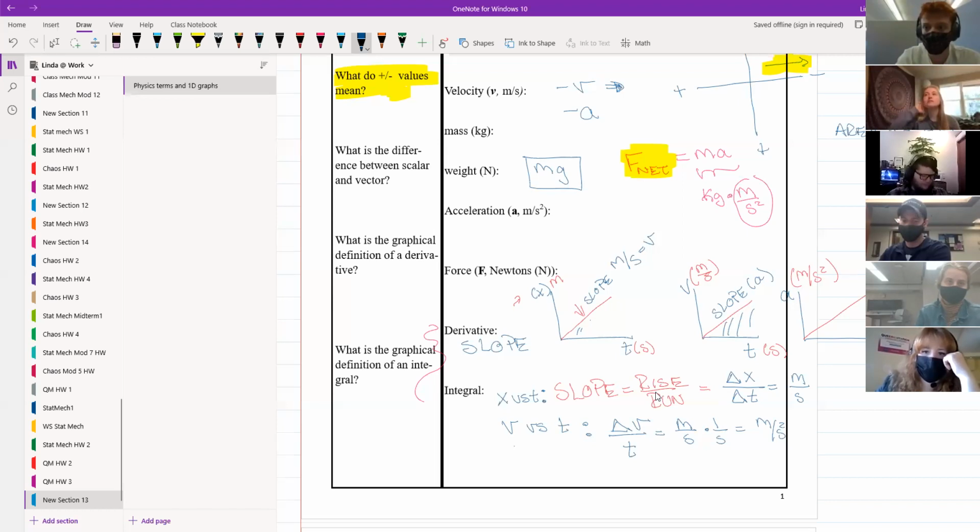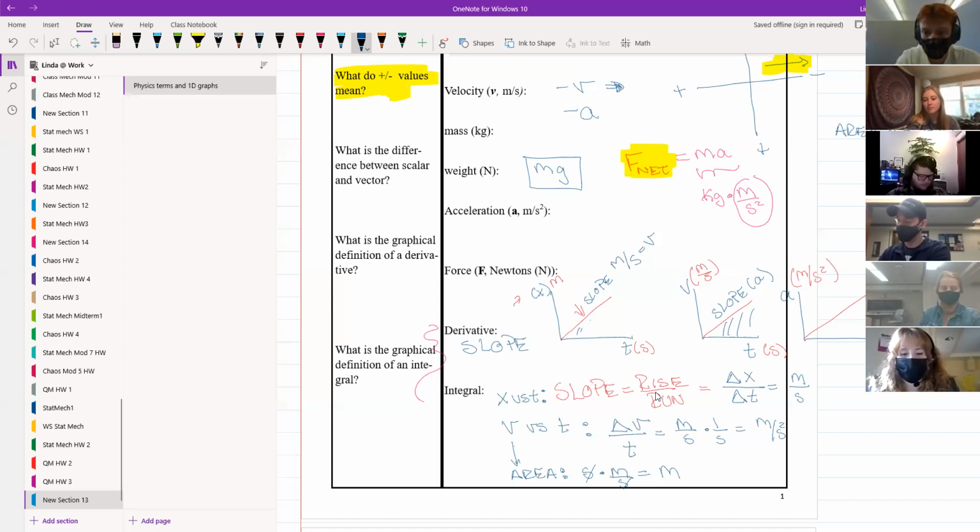For purposes here, so it's not overly cluttered, we're just going to go with base times height. So base is in seconds. For my velocity area, what do I have? I have a base of seconds times my height of meters per second. Seconds cancel out, and I am left with units of meters.